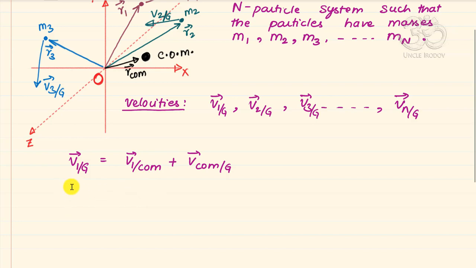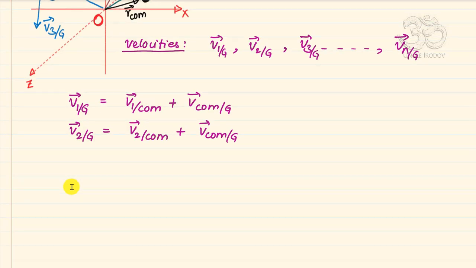And in the same manner, we will have velocity of 2 in the ground frame is equal to velocity of 2 in the center of mass frame plus velocity of center of mass in the ground frame. Velocity of 3 in the ground frame is going to be velocity of 3 in the center of mass frame plus velocity of center of mass in the ground frame, and so on.